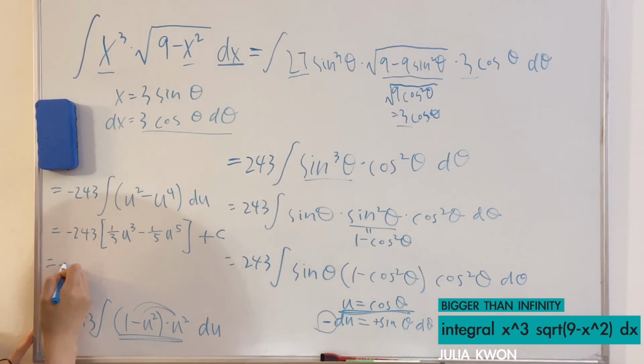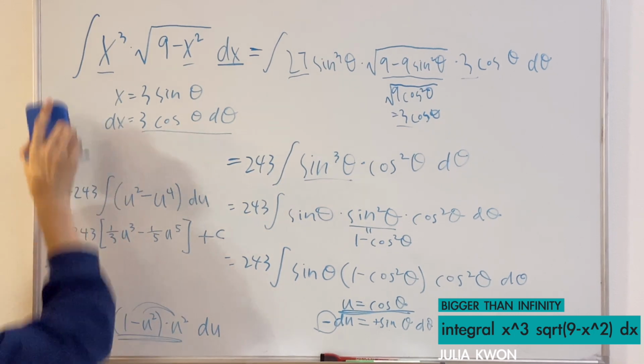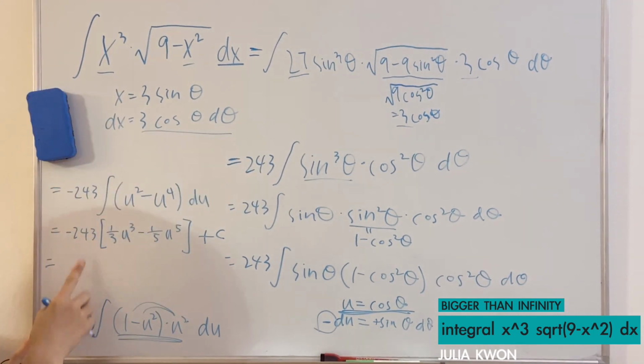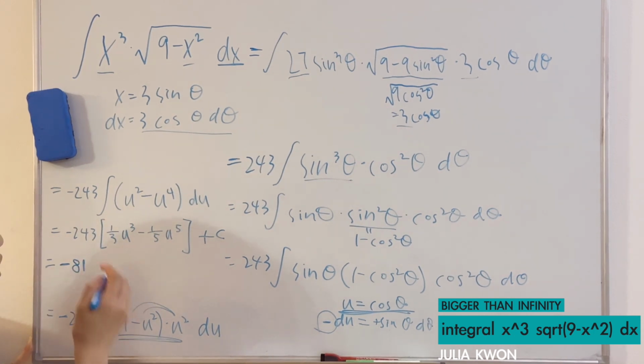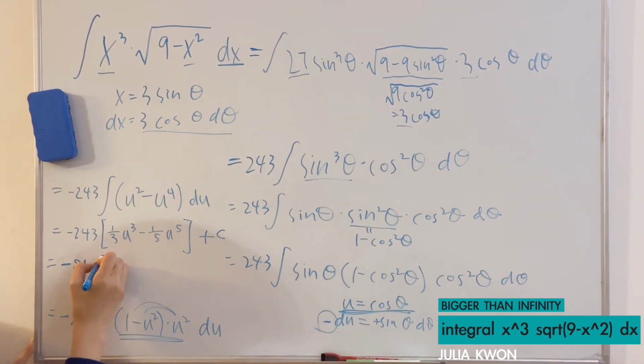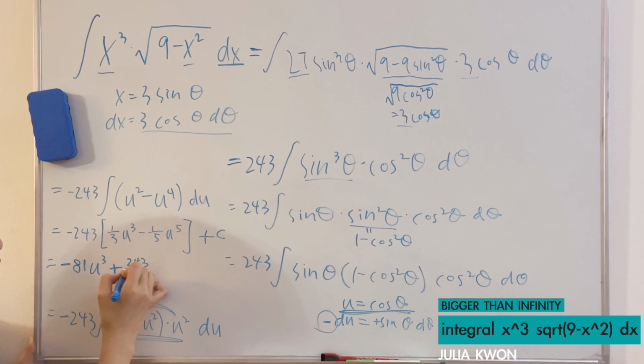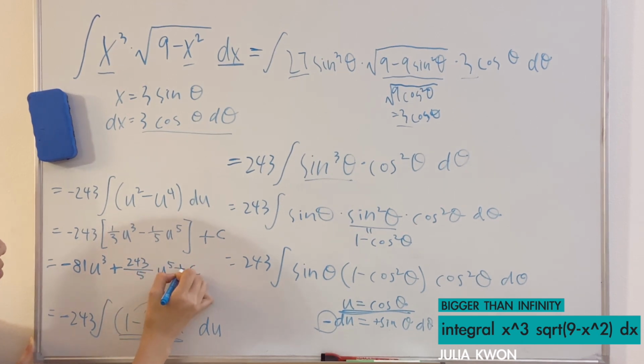Wait, hold on. Let me simplify it a little bit more by multiplying these two together. If we do that, then we would get negative 81 times u to the power of 3 plus 243 divided by 5 times u to the power of 5 plus c.